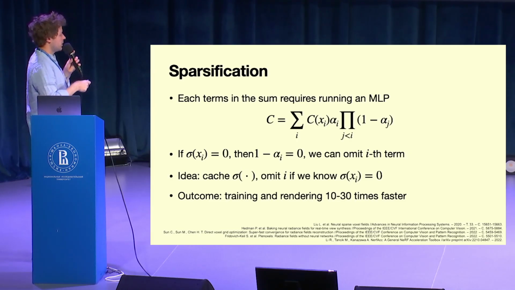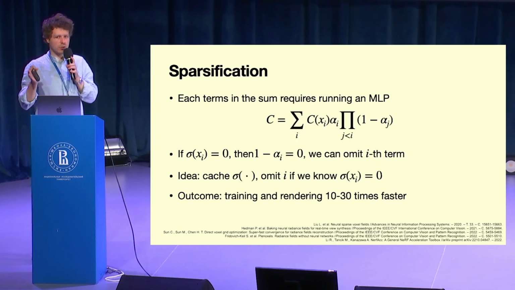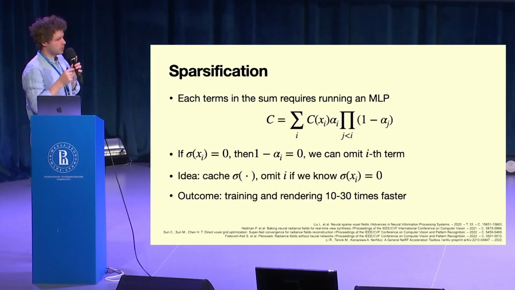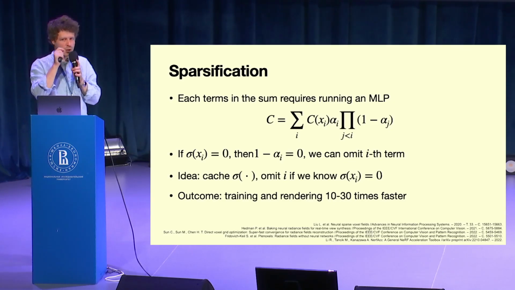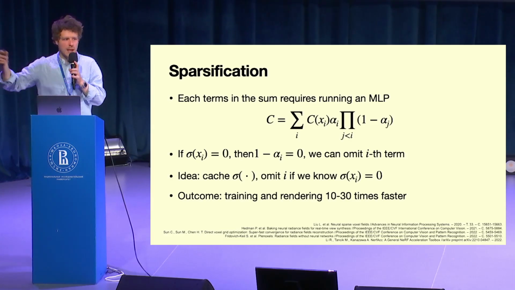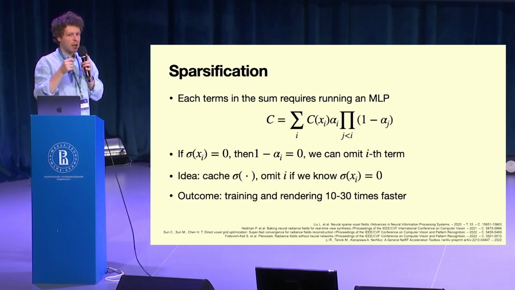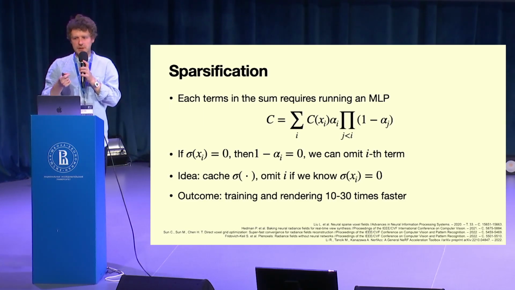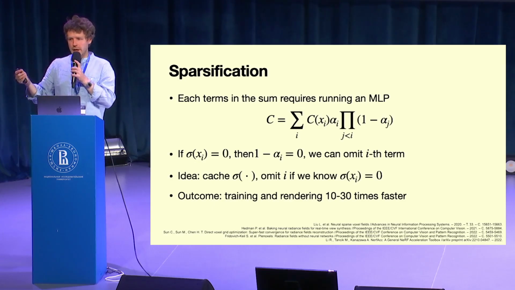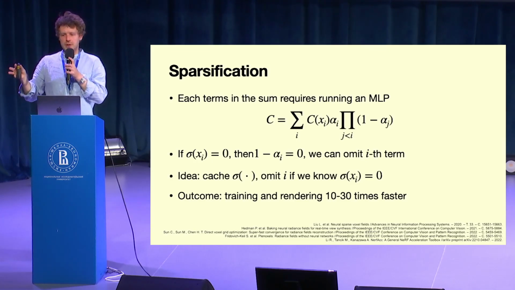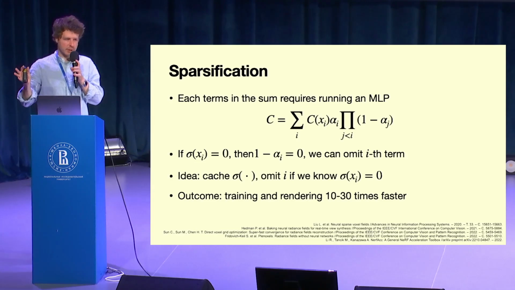And the sum here usually involves several hundreds of components. And for each component, we have to compute density at one point of a ray, for several hundred points on a ray, for millions of rays. And color. Each density query and each color query is essentially a neural network query, and it takes some compute power. Computing a neural network hundreds of millions of times takes a lot of time.